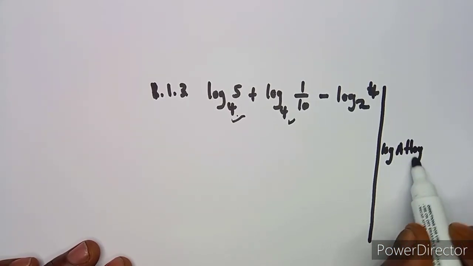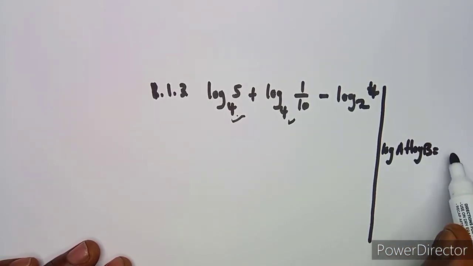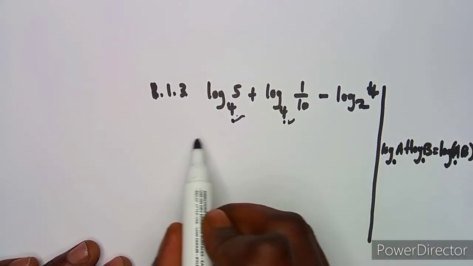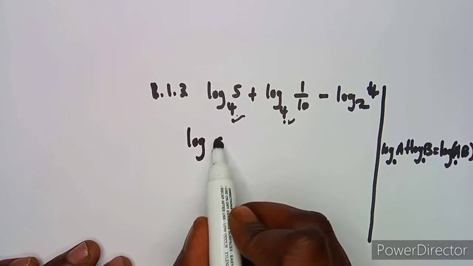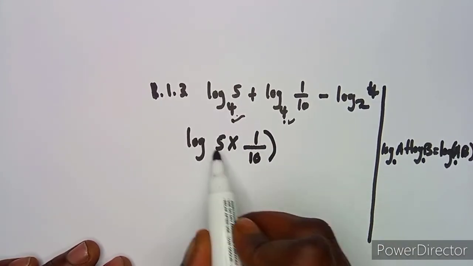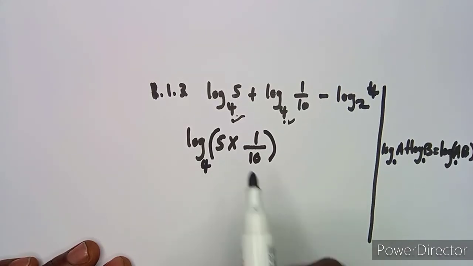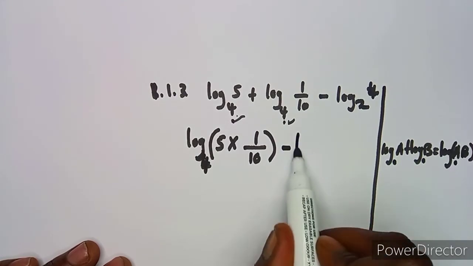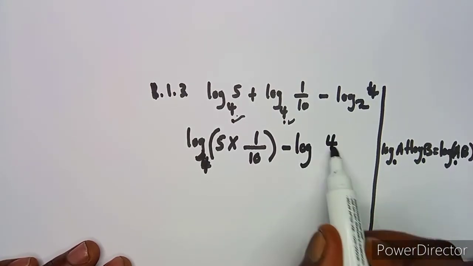Log a plus log b gives us log ab, provided that the base is the same. So in this case we are in base 4, so we can multiply 5 times 1 over 10, everything in base 4, minus log 4 base 2.